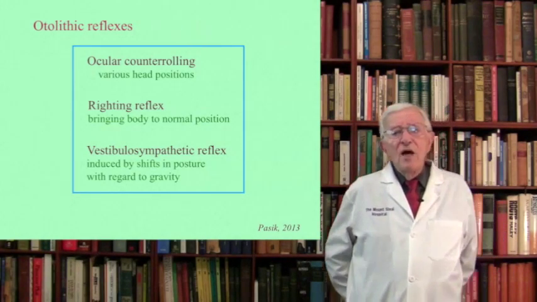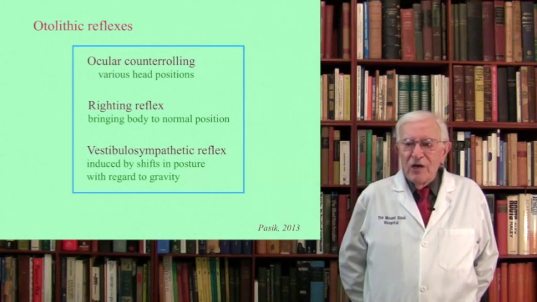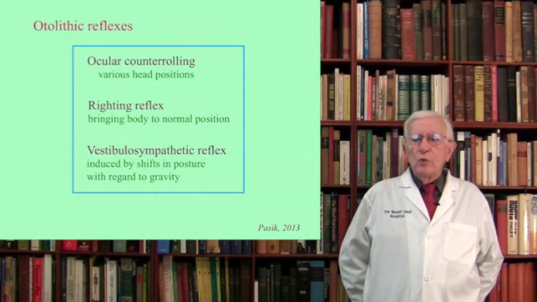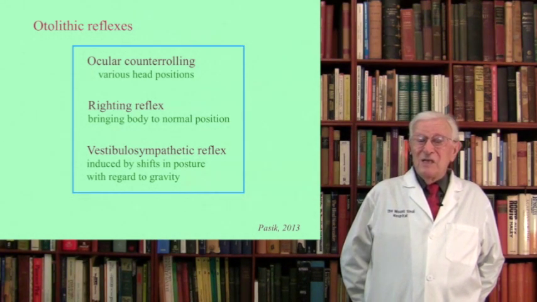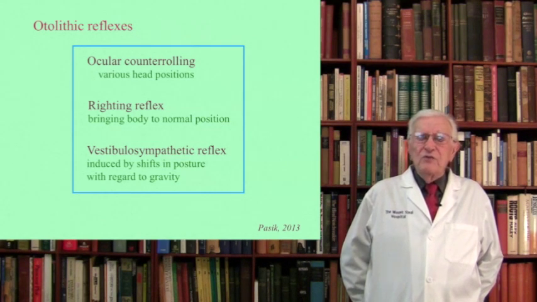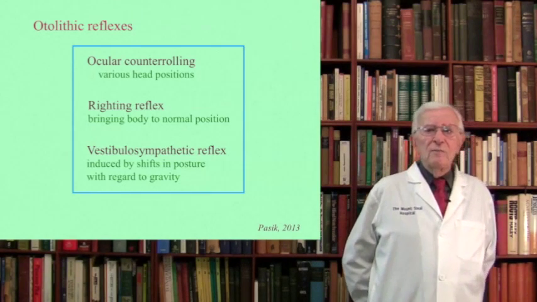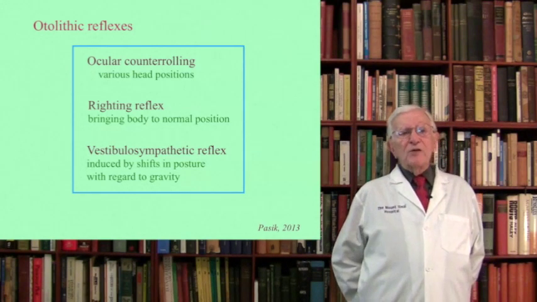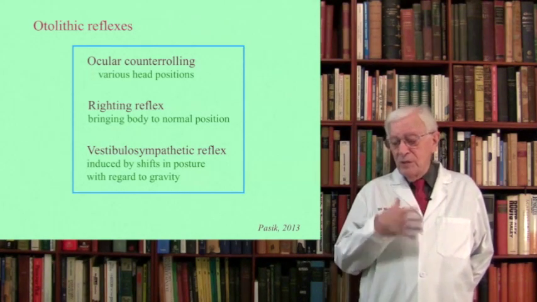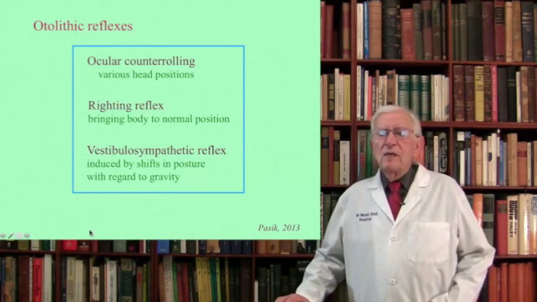Well, it so happened that the otolith organ is probably the earliest mechanism to compensate for the dropping of the blood pressure on the standing up position, because it's a phenomenon that occurs with extremely low latency. So it takes much shorter time for the vestibular system to influence the mechanisms for maintaining blood pressure than the baroreceptors in the large blood vessels. All right, that's what the otolith reflexes are all about.